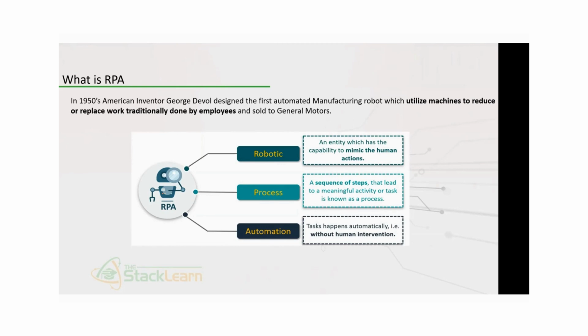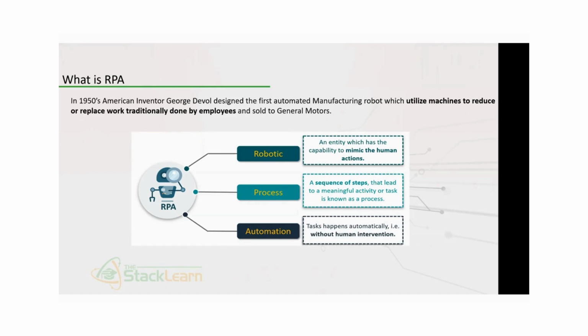Okay, that is on the robotic. And process is nothing but a sequence of steps. On the same example, first you will open a browser and provide the URL of the Amazon website. Then you will search for iPhone 15 and select any model. It means you have a sequence of steps. The same sequence of steps is called a process.